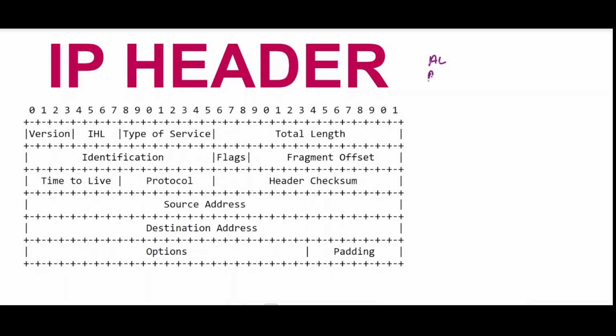Application layer, presentation layer, and session layer. From these layers, the data is in a raw form as a bulk. Clear? Then it comes to the transport layer.